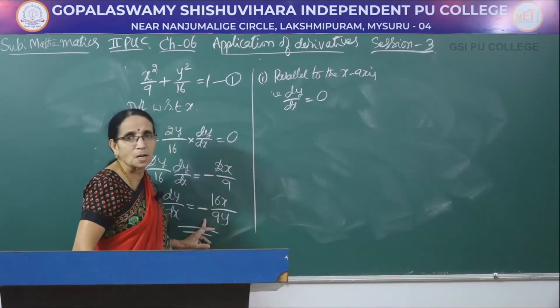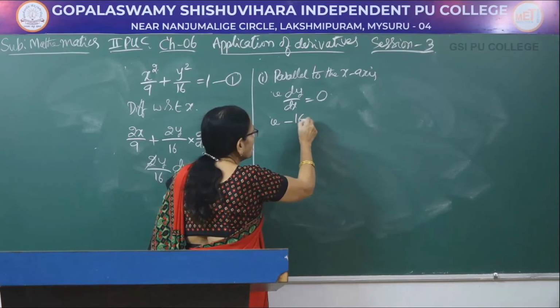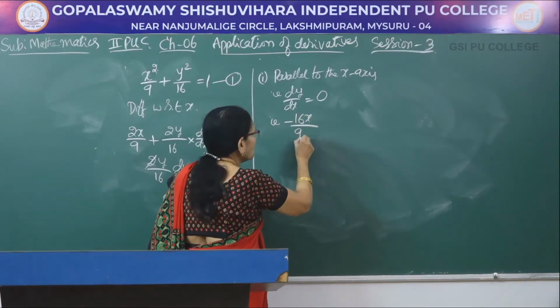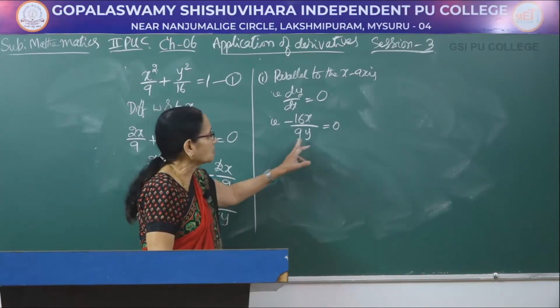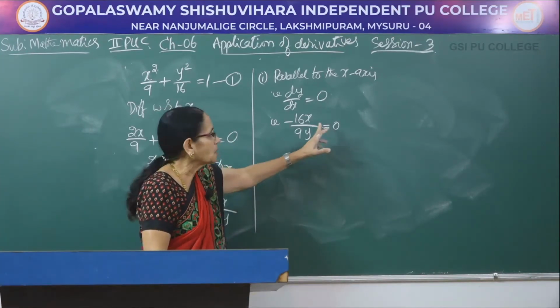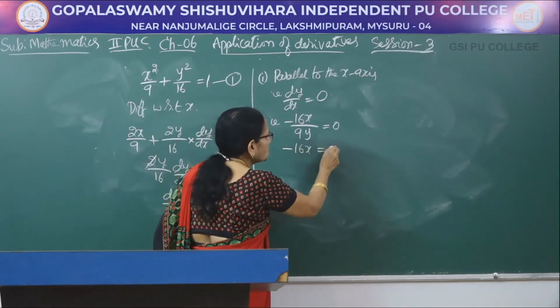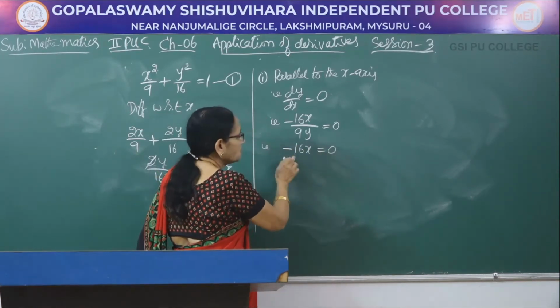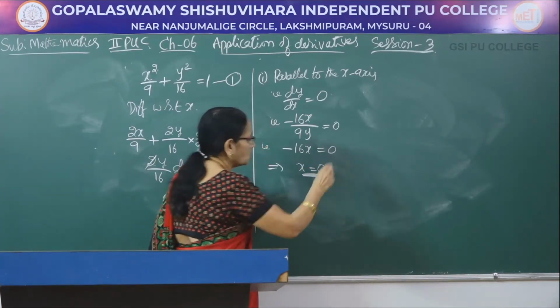But what is dy by dx? Just now we have calculated, that is minus 16x divided by 9y is equal to 0. On cross multiplication, 9y into 0 becomes 0, that is minus 16x equal to 0. 16 cannot be 0, therefore x is equal to 0.